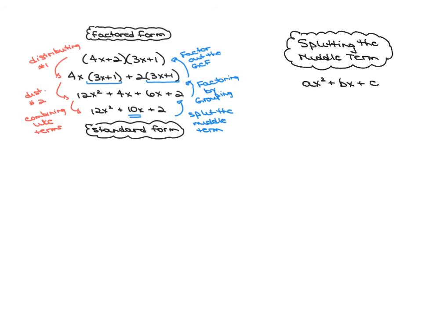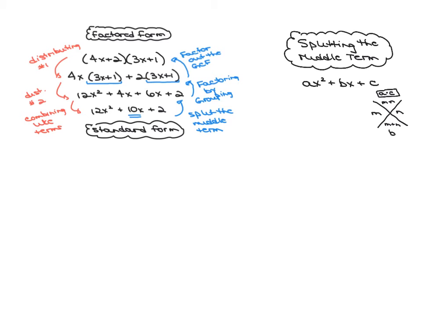And to split the middle term, I'm looking for, okay, diamond problem, two numbers, we'll call them m and n, who add, m plus n is going to be b, and who multiply, okay, should feel really similar, but now they have to multiply not just to c, but to the product of a times c. So this is the new piece right here.